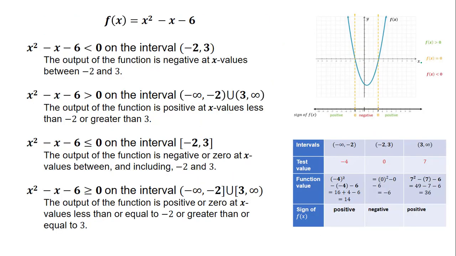The graph and the algebraic manipulation by testing points can help us solve inequalities. So for instance, if I have the function, like I've just stated, f of x equals x squared minus x minus 6, and I want to solve the inequality x squared minus x minus 6 is less than 0, then what this means is that I need to find all the x values for which f of x is negative.